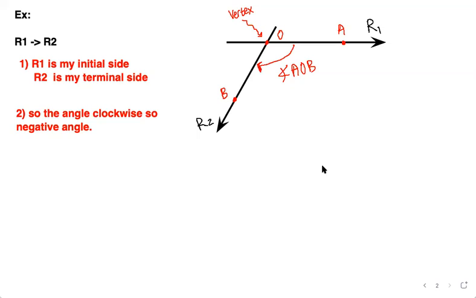Now we're going to learn how we can convert between degree and radian. The third thing we have to know in this section is converting from degree to radian and from radian to degree.